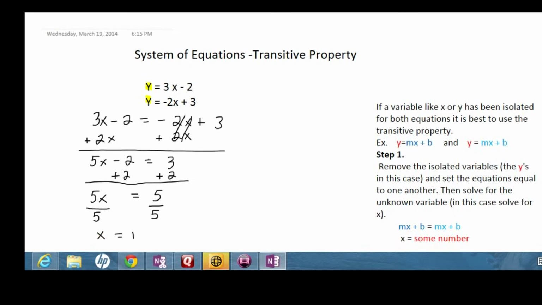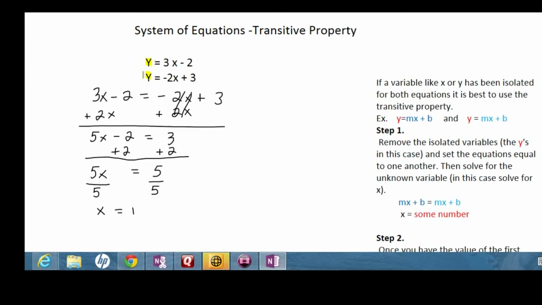Now, let's recap what I've done so far. I started off with the variable y isolated. Then here I had y isolated also in the second equation, which says I should use the transitive property.